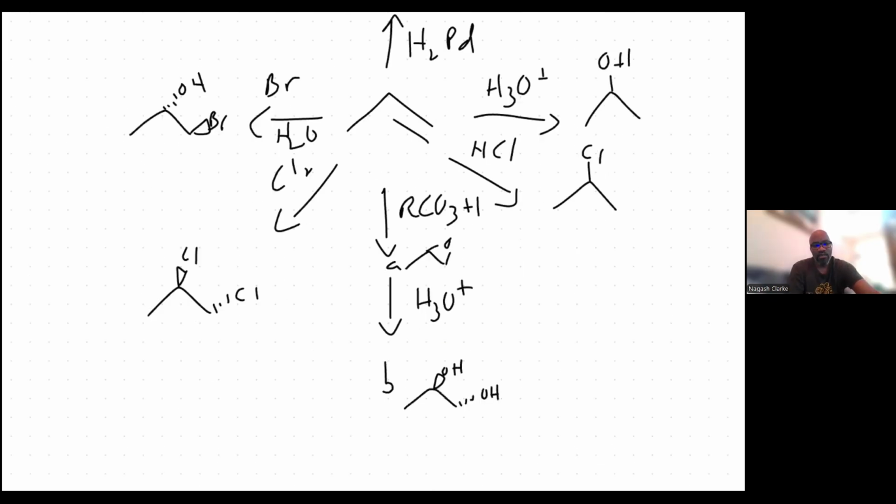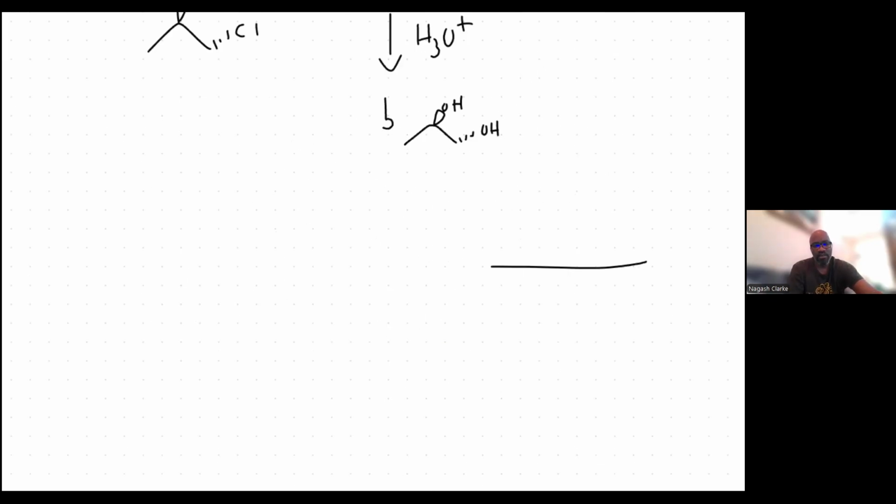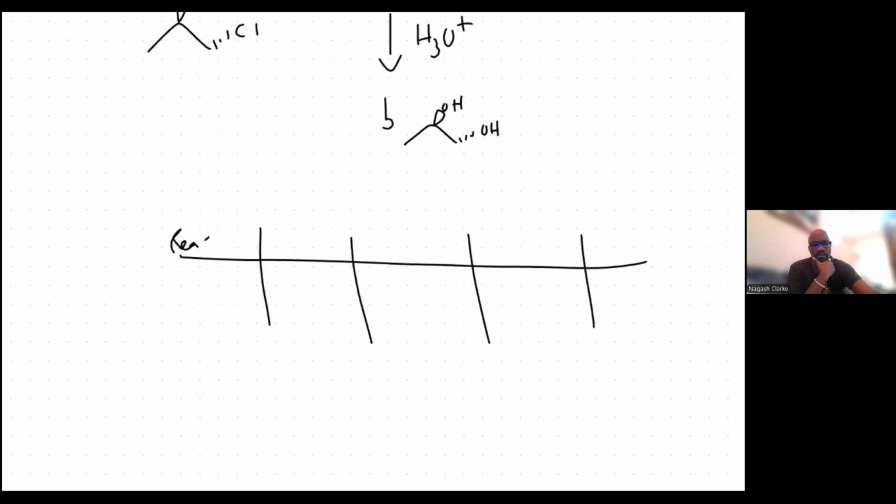And then also you can draw some tables, right? You could say, all right, what are some reagents? So we know we're dealing with alkenes. If I have HCl, the regiochemistry is going to be Markovnikov. And for stereochemistry, yes, I could get enantiomers or diastereomers.